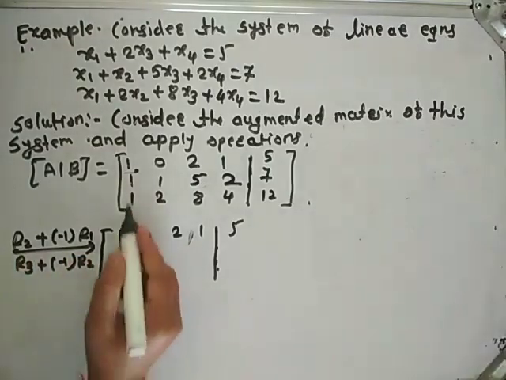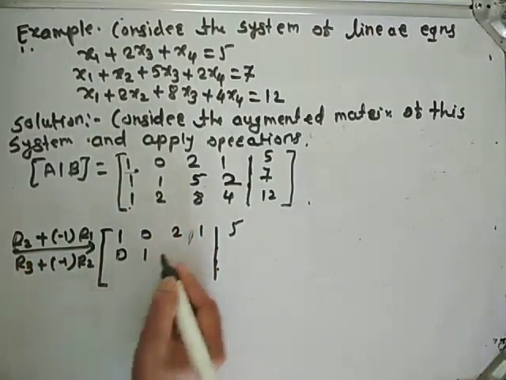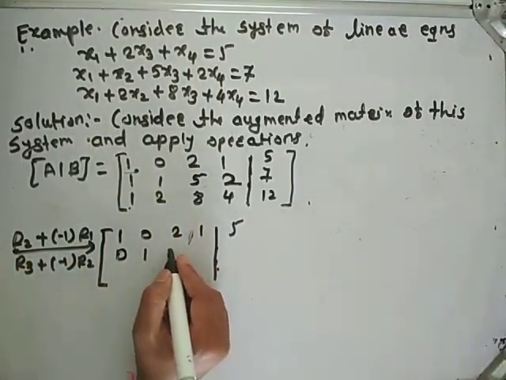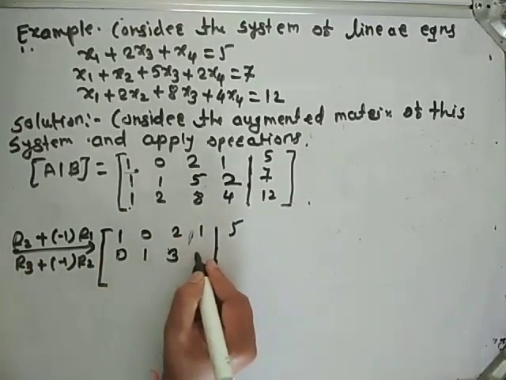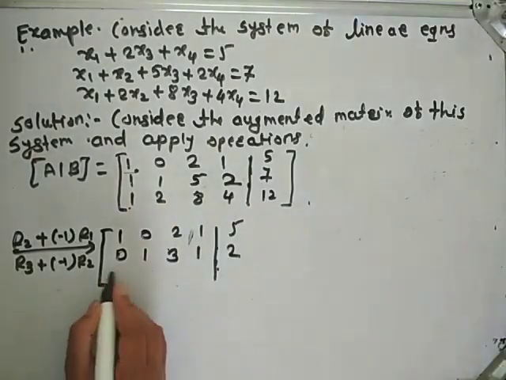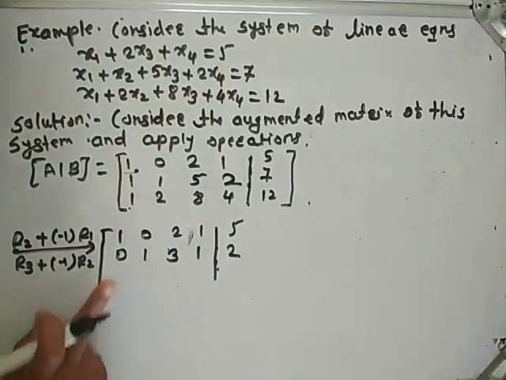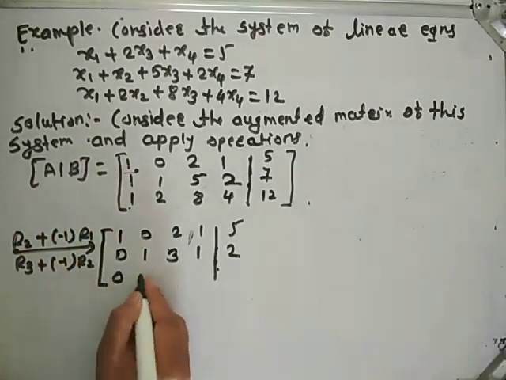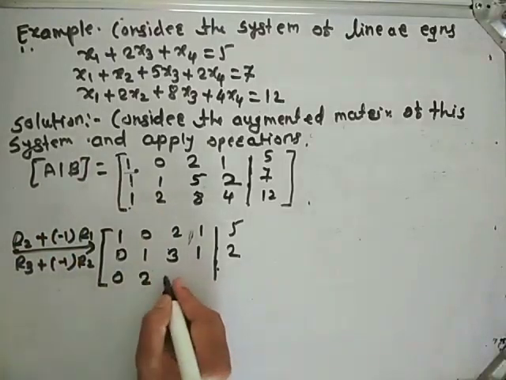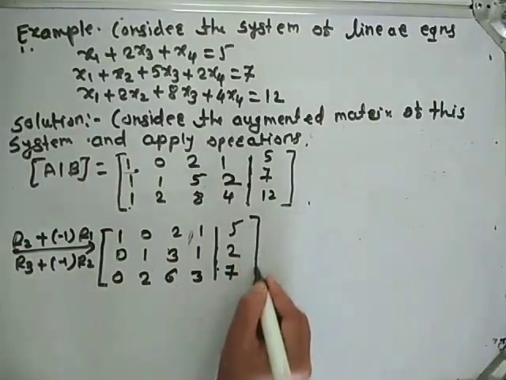R2 minus R1: 1 minus 1 is 0, 1 minus 0 is 1, 5 minus 2 is 3, 2 minus 1 is 1, 7 minus 5 is 2. Okay. Again, for the third row, R3 minus R2 means: 1 minus 1 is 0, 2 minus 2 is 0, 8 minus 2 is 6, 4 minus 1 is 3, 12 minus 5 is 7.